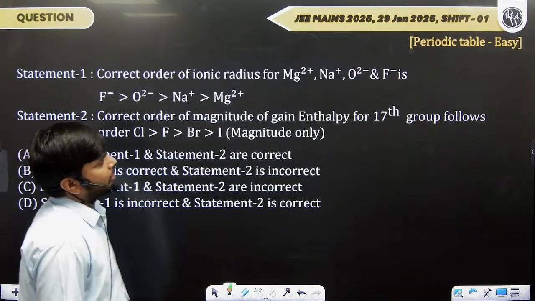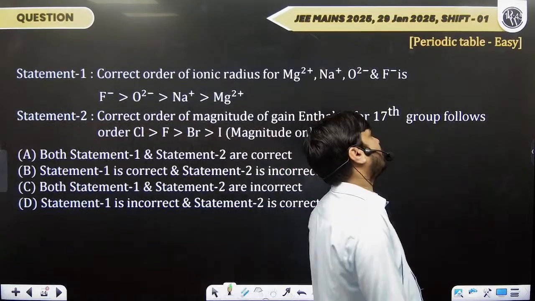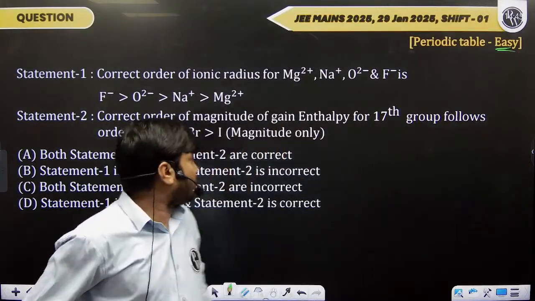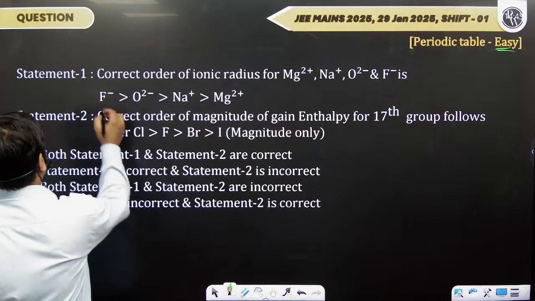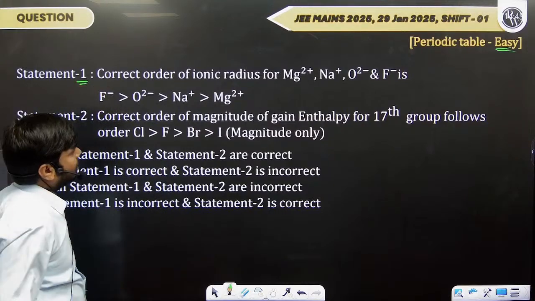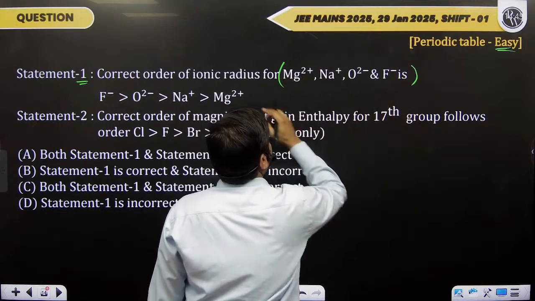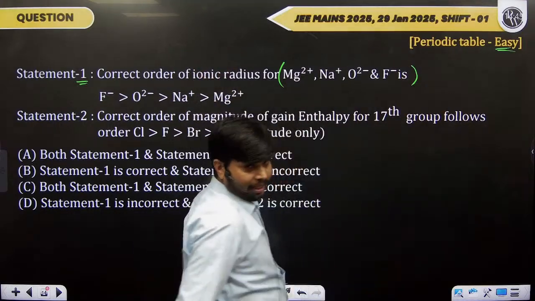Okay, so the first question came from the periodic table, which is an easy level question. So let's discuss statement number 1, correct order of ionic radius of Mg plus 2, Na plus, O2 minus and F minus.